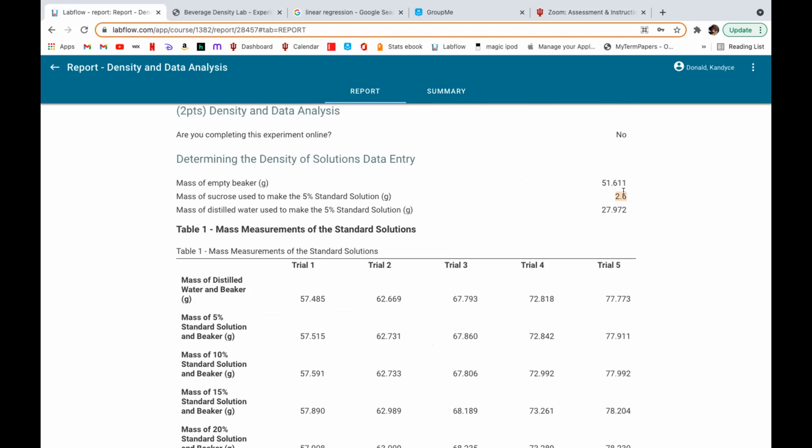With mass of sucrose, use 2.6. Mass of distilled water used to make the 5% standard solution. So I use those two numbers. So add 2.6 to 27.972 and then, so do 2.6 over 2.6 plus 27.972, but that should give you what you have.